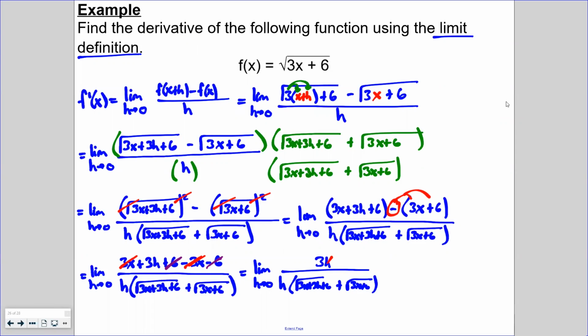Then we can cancel out the factor of h in the numerator with the factor of h in the denominator, leaving us with the limit as h approaches 0 of 3 over the square root of 3x plus 3h plus 6 plus the square root of 3x plus 6.